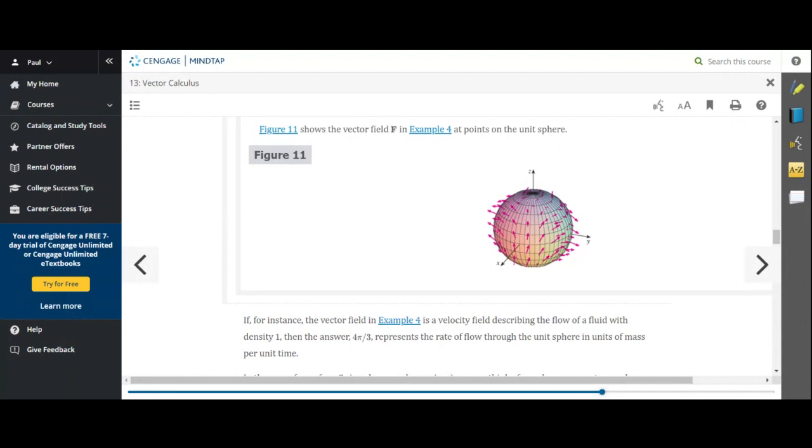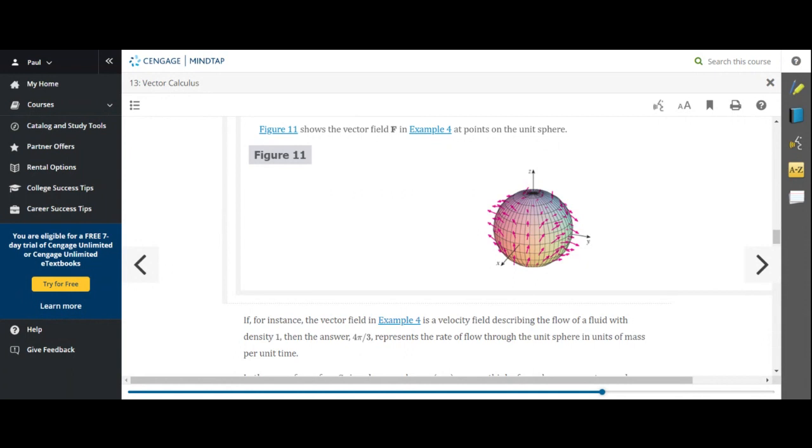Does the net rate of change, the flux, the rate of flow through the surface, appear to be a positive rate of flow or a negative rate of flow? Remember, I'm talking in terms of orientation flowing outward, a positive orientation. Does the net rate appear to be going outward or inward?